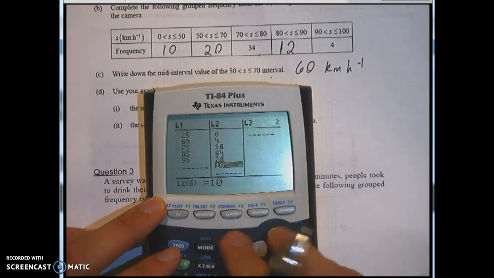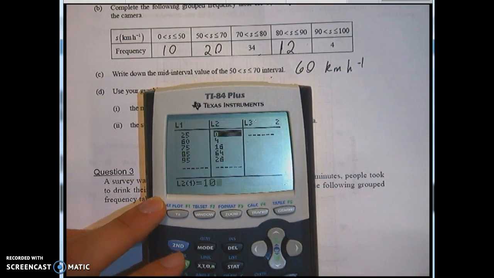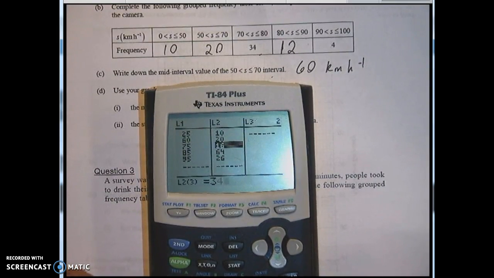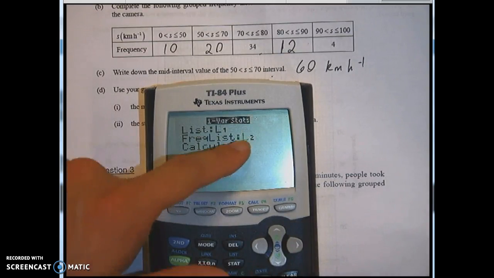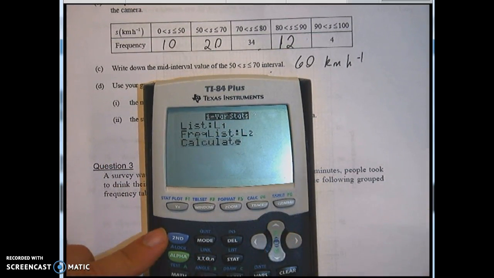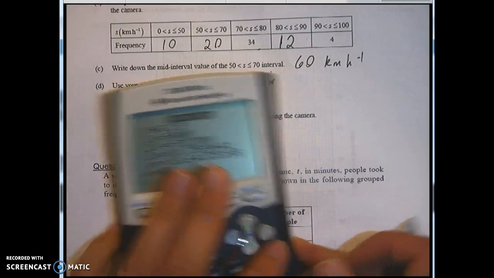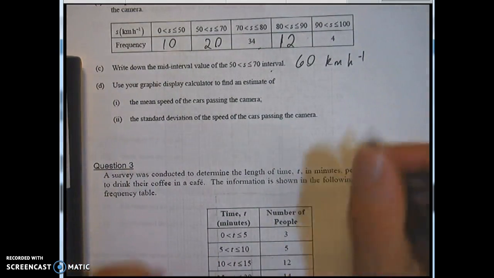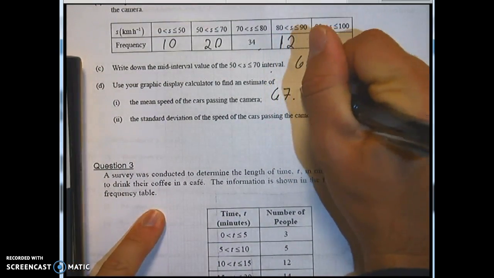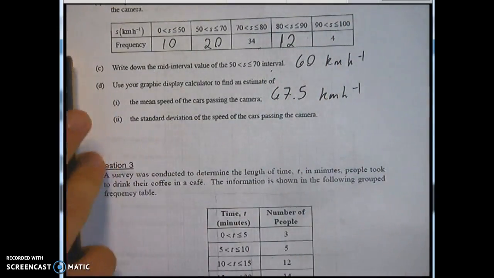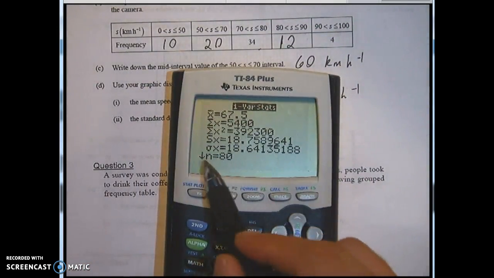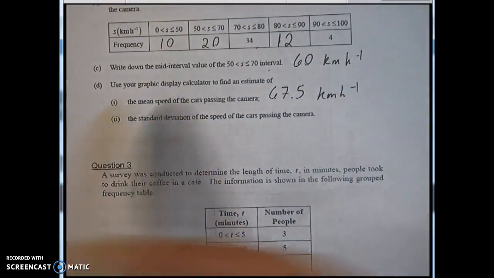Delete those frequencies, type in the new frequencies of 10, 20, 34, 12, 4. Stat Calc 1, make sure your frequency list is in there. The mean is 67.5 kilometers per hour. And the standard deviation is sigma of x, so that's 18.6.